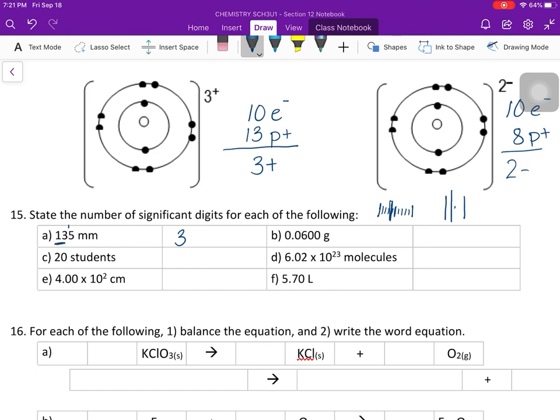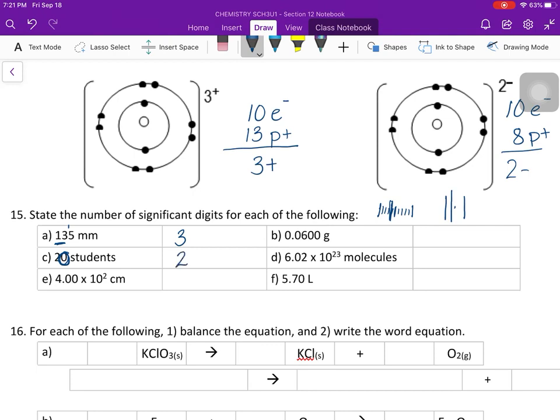So here, when I have a 0 at the end of a whole number, this one's a little bit tricky because I'm not actually sure if I have 1 or 2 significant digits there. So we're going to get into this in more detail in this course and in grade 12. So for our purposes right now, for 20 students there, that one is fine to say that is either 1 or 2 significant digits.